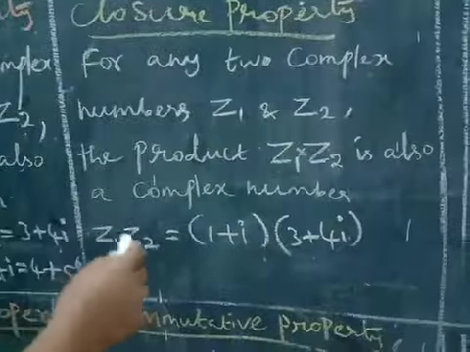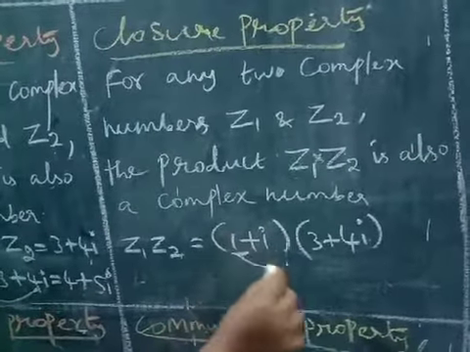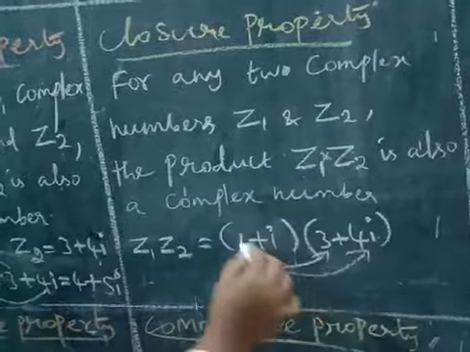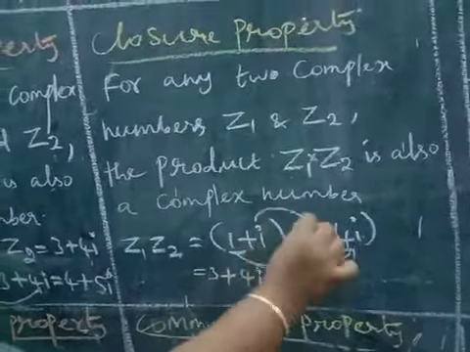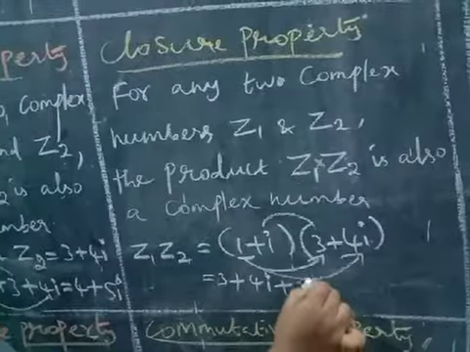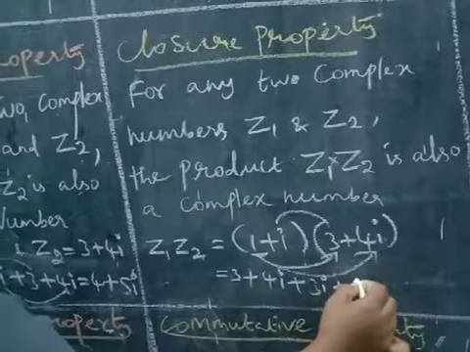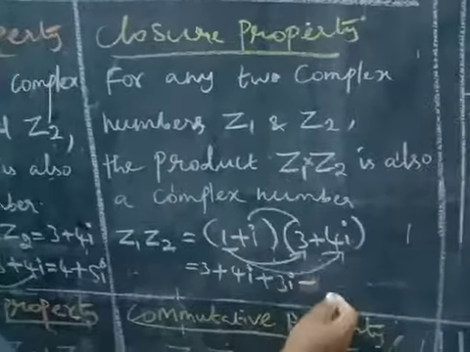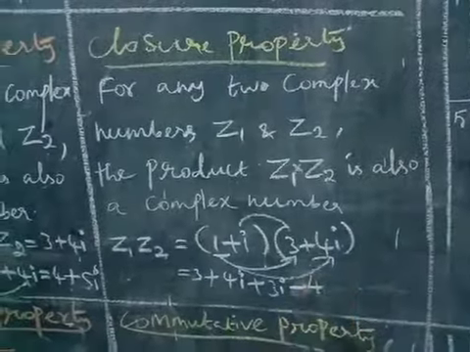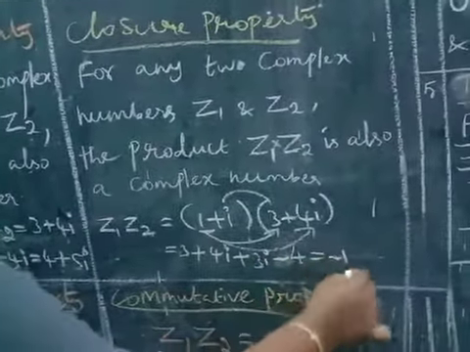Earlier classes you have learned, isn't it? It's ordinary multiplication. So multiply 1 with 3 and 4i: 1 into 3, 3, plus 1 into 4i, 4i, i into 3, 3i, plus i into i, that is i squared, into 4. So 4i squared, already you know the value of i squared is minus 1. So minus 4. Okay. Now add this. 3 minus 4, minus 1.